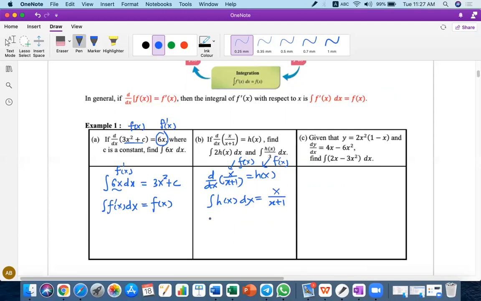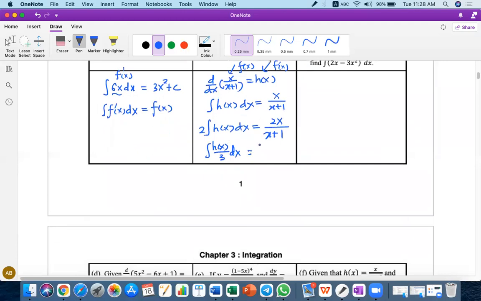Therefore, if I integrate 2h(x) dx, I will get back 2x over x plus 1. If I integrate h(x) over 3 dx, I will get 1 over 3 times x over x plus 1.